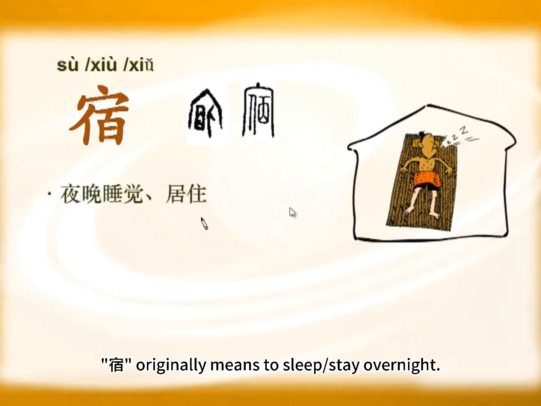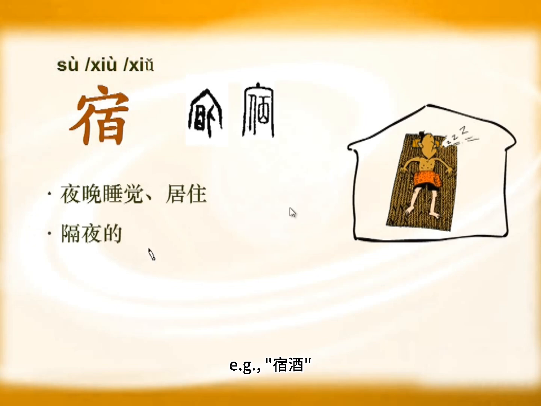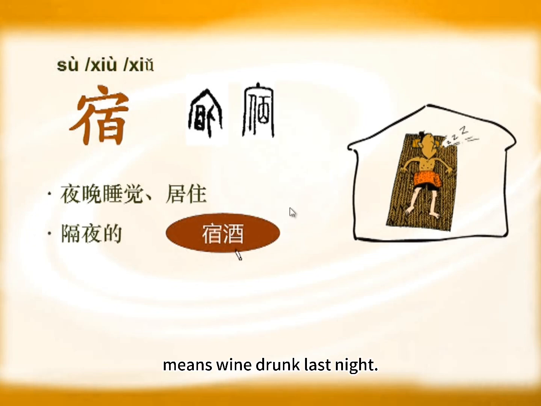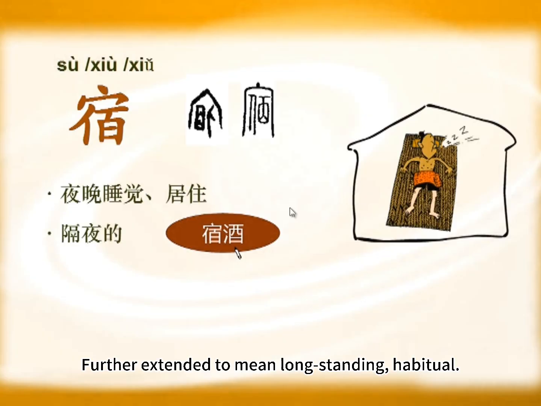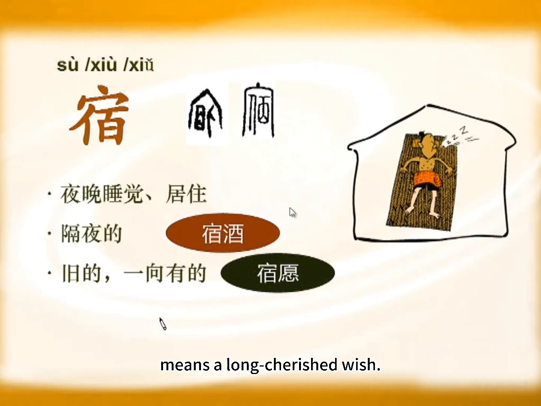Su originally means to sleep, stay overnight. From this, it extends to mean from the previous night. E.g., 宿酒 means wine drunk last night, still drunk today. Also called a hangover. Further extended to mean long-standing, habitual. E.g., 夙愿 means a long-cherished wish.